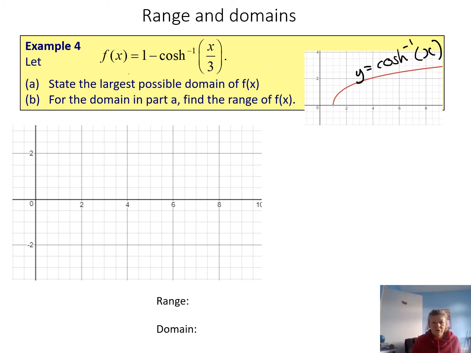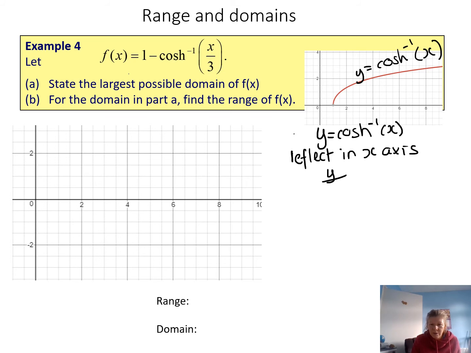So let me deal with the reflection first. If we started with y equals cosh minus 1 of x, we want to reflect in the x-axis because we want the y to change. So we replace y with minus y, which ends up with y equals minus cosh.